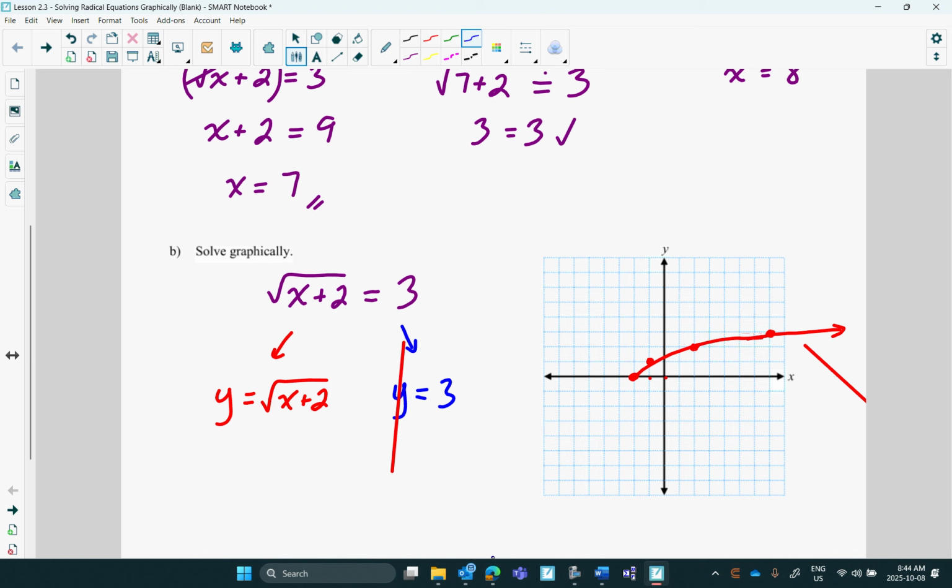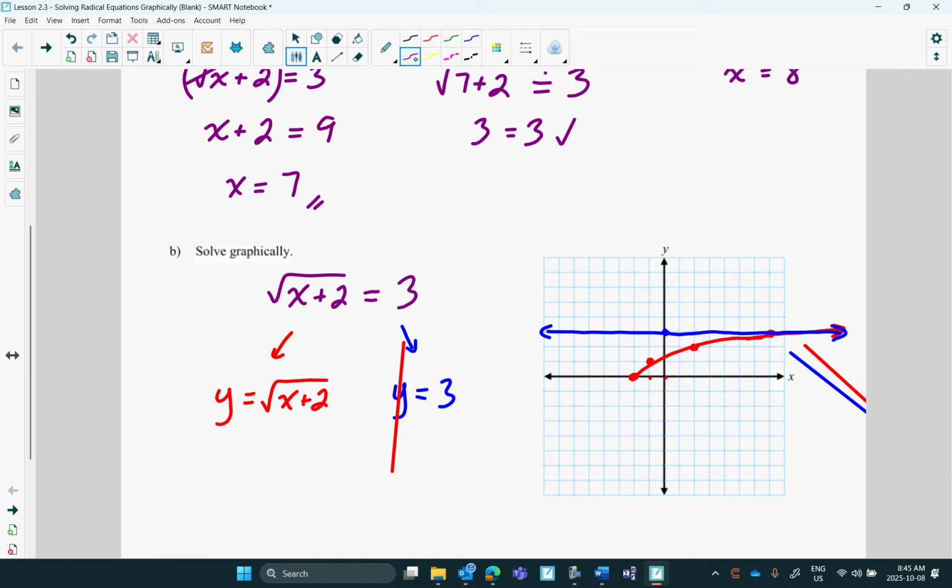How do I graph the line y equals 3? It's a horizontal line where every y coordinate is 3. It's going to look like this. These two lines intersect at a point, right?